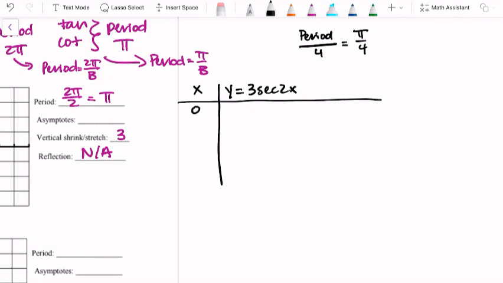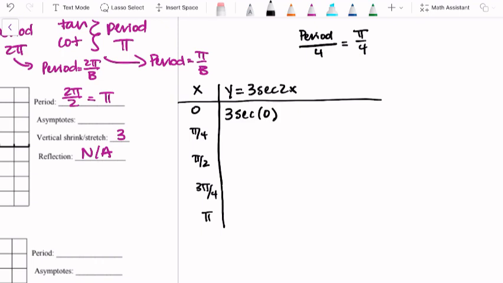Okay, so we're going to start at 0, and then I'll have pi over 4. Then I'll have 2 pi over 4, which is just equal to pi over 2. Then I'll have 3 pi over 4. And then that's going to get me to pi. Okay, so we're going to go ahead and we're going to plug these values in. So I'm going to have 3 secant of 2 times 0, which is 0.